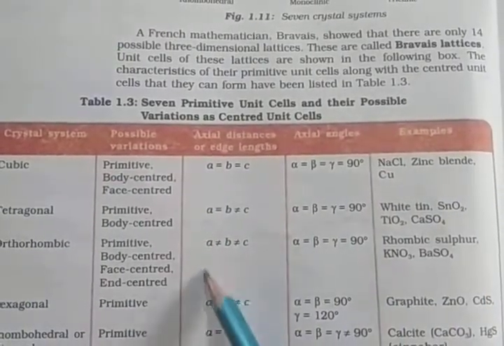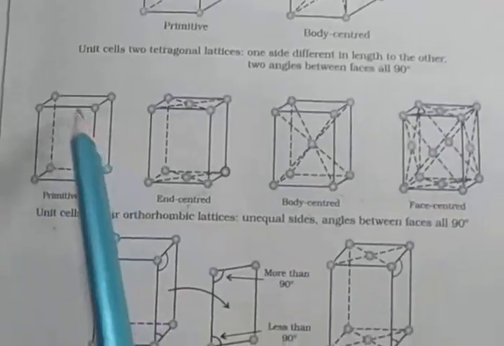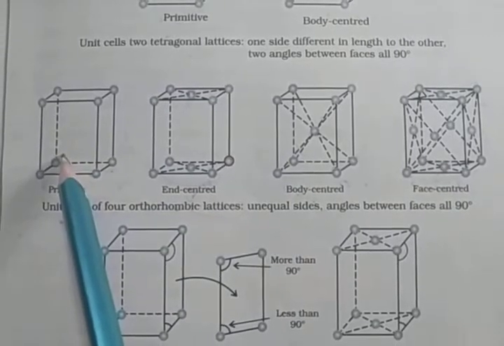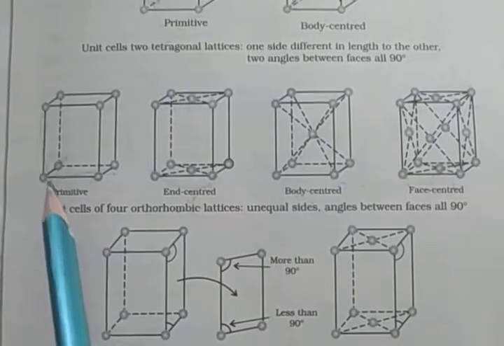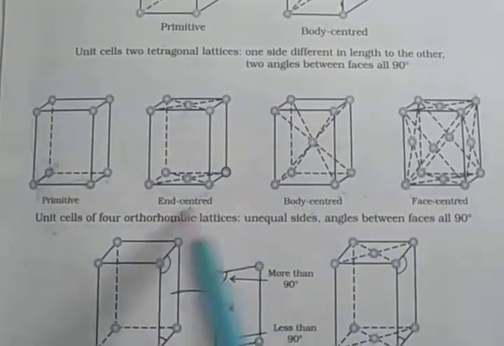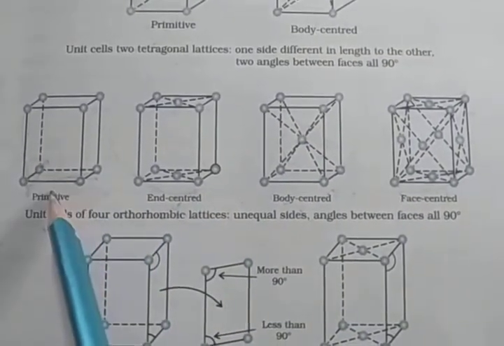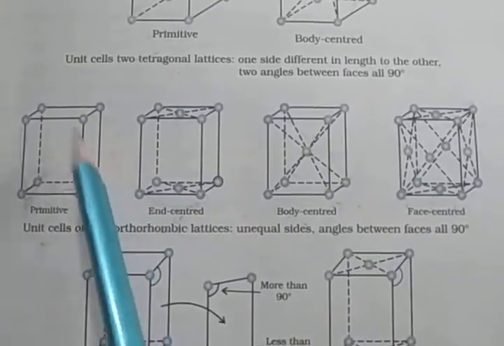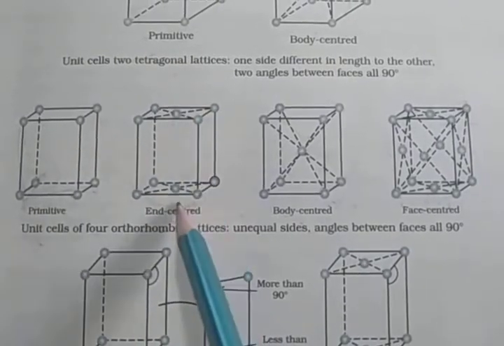So all three sides are unequal. See the example: A, B and then C. A this side, B and then C. So A, B, C are not equal. Here four possible variations are present in orthorhombic: unequal sides but the angles between the faces are all 90 degrees. Primitive has constituent particles on the corners. End centered has particles on two opposite faces.